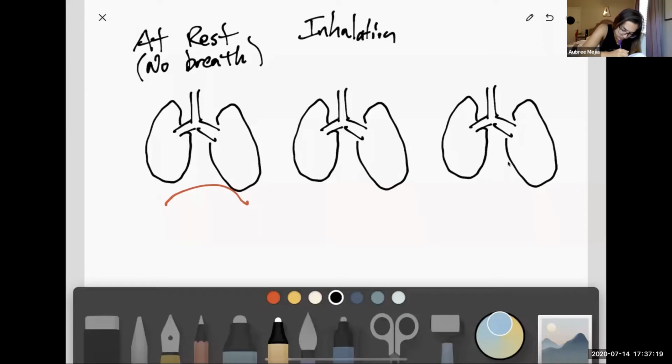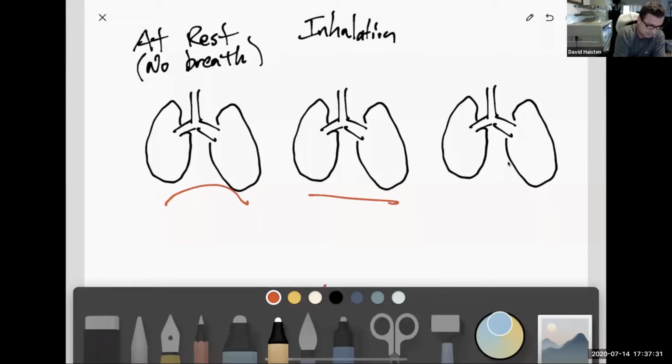Inhalation, diaphragm does what? Contracts. Yeah, and it flattens. So this flattens, so that's going to pull down. Okay, external intercostals contract, which elevates your ribs.